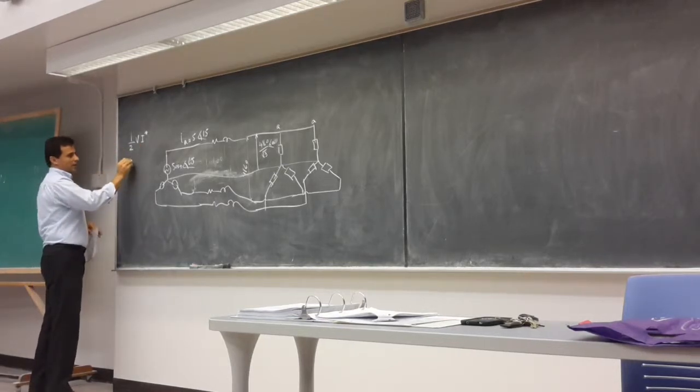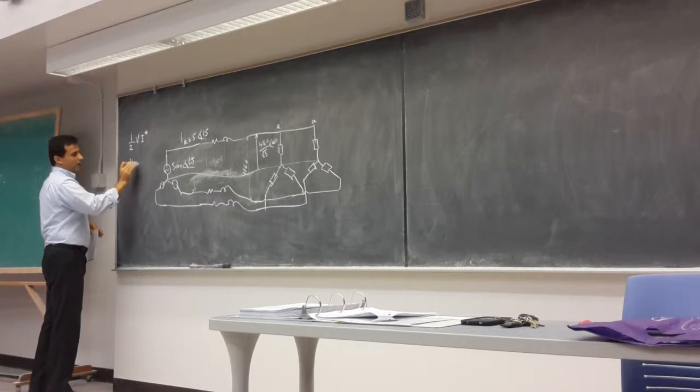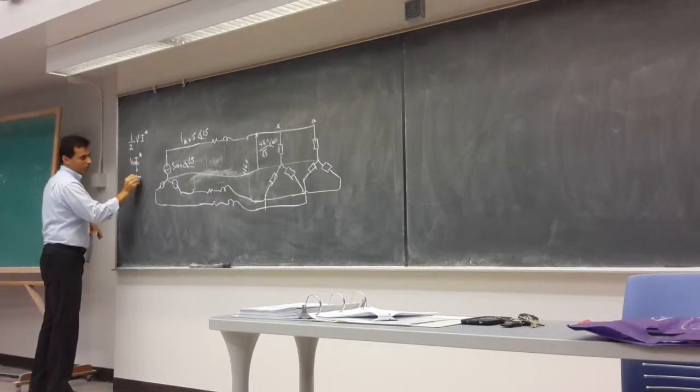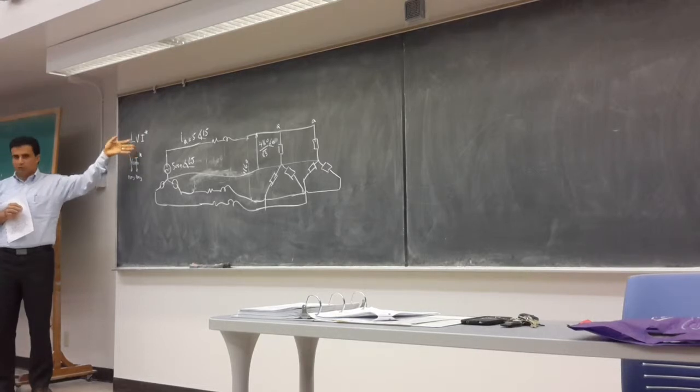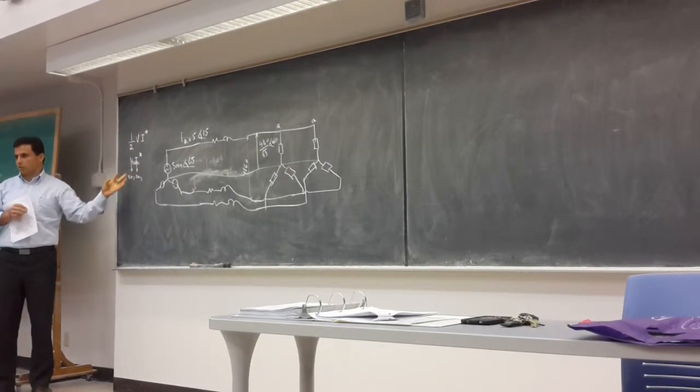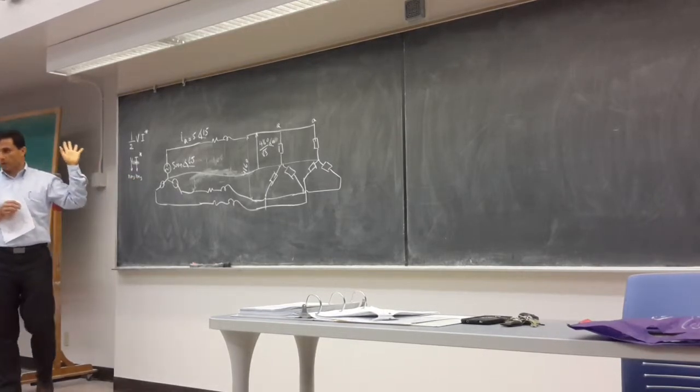You can say VI conjugate, but these values are RMS values. You know what I'm saying? Either you can say half of VI conjugate and use the maximum value for the phasor, or you can say VI conjugate and just use the RMS values for the phasor. Either way you solve this problem.